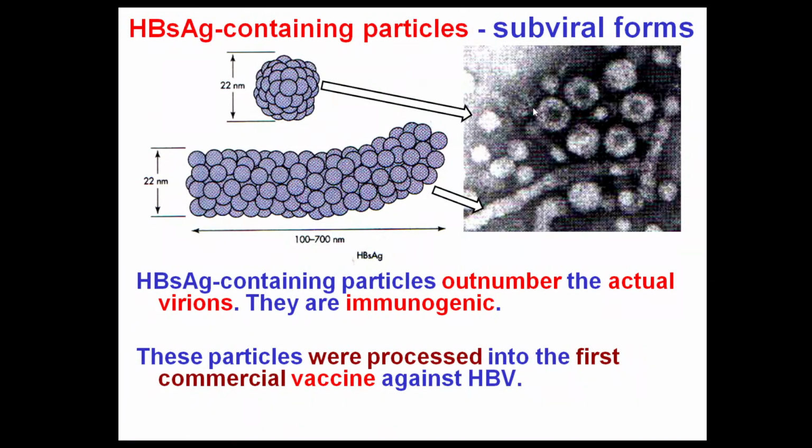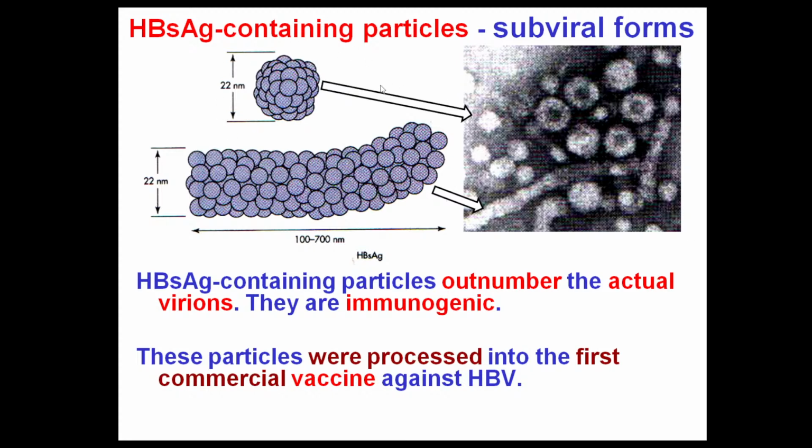And you can see here these are the subvirional or subviral forms of hepatitis B, and these particles usually outnumber the actual virions. You can see here very few true virions with the electron dense core, and they are outnumbered by the non-infectious virus particles.